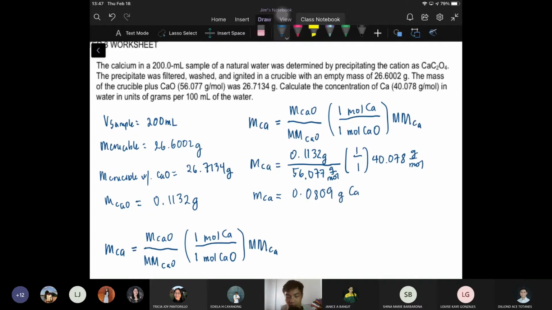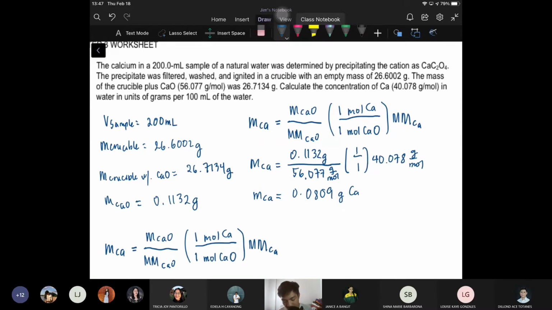So we're almost done. So yan, nakuha na natin yung mass ng calcium sa 200 ml sample natin. Okay? Ngayon, anong tanong? Calculate the concentration of calcium in water in units of grams per 100 ml water.